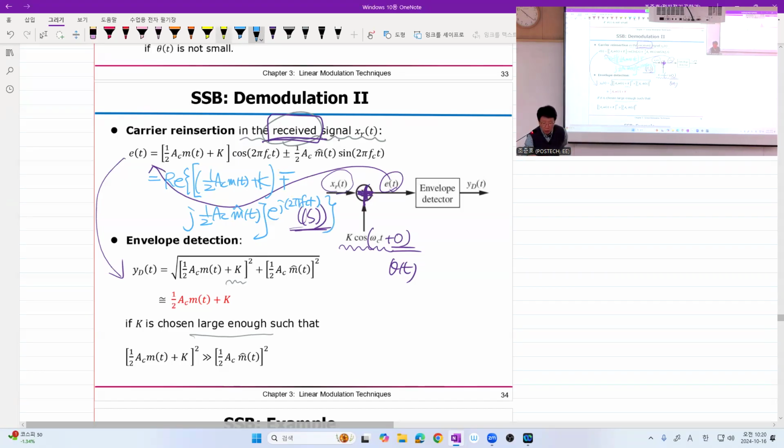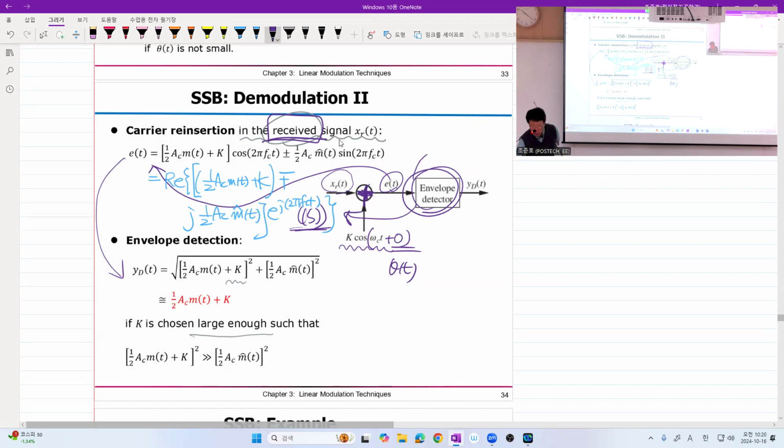So what is the complex envelope? This envelope detector theoretically performs this computation. It finds the complex envelope, I don't know how, and then it computes the absolute value of this complex valued signal and generates the output.